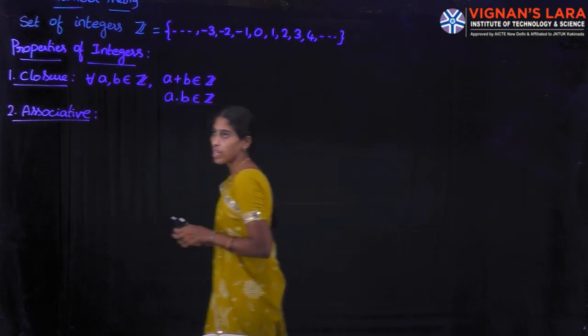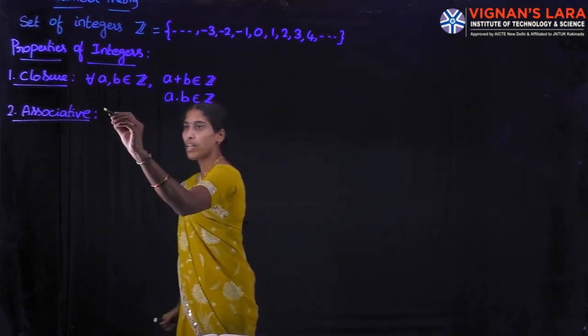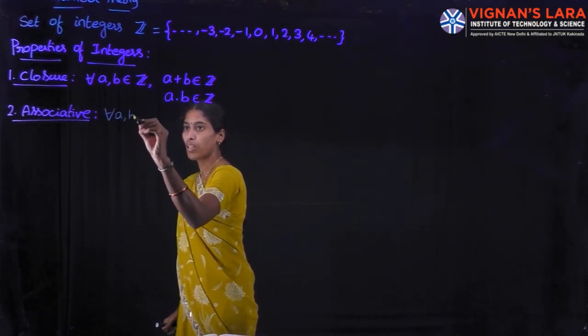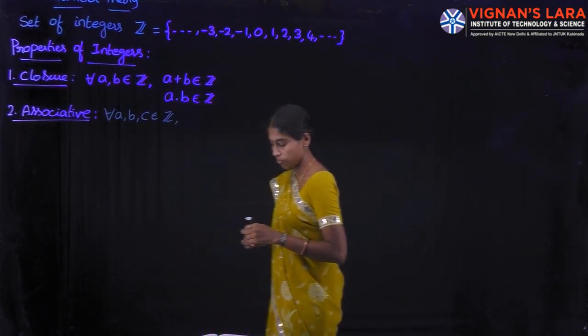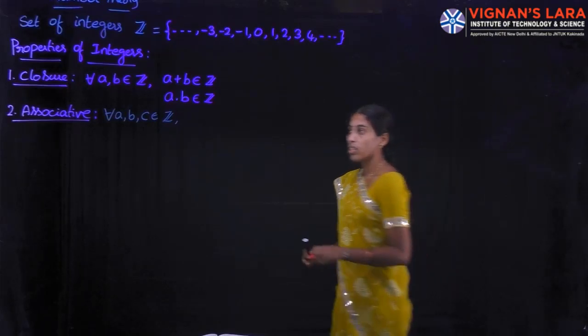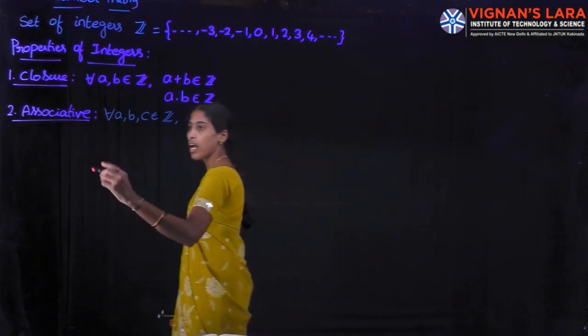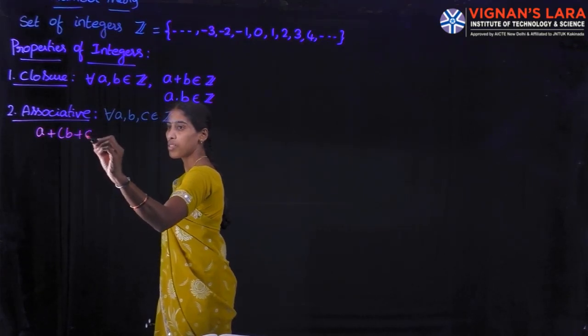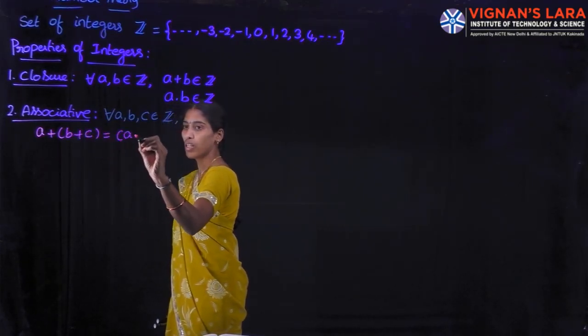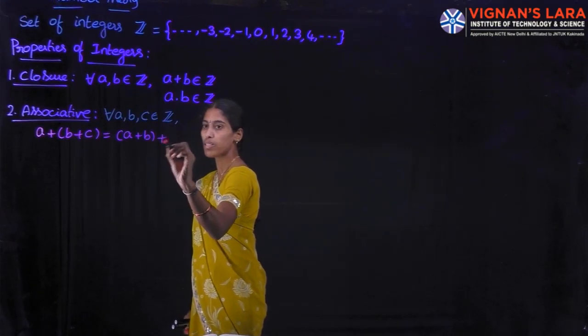What is the associative property? Here, for any a, b, c belonging to set Z, if we consider the operation as plus, (a plus b) plus c equals a plus (b plus c).